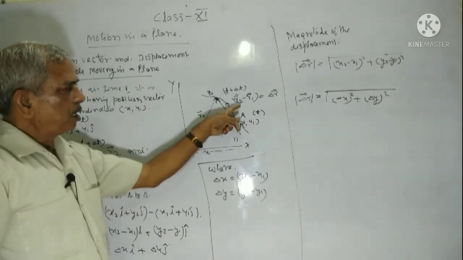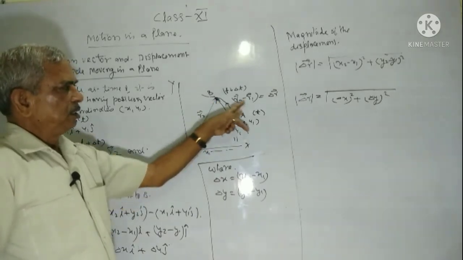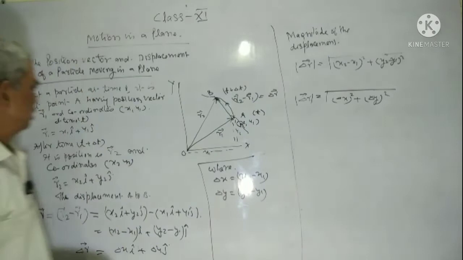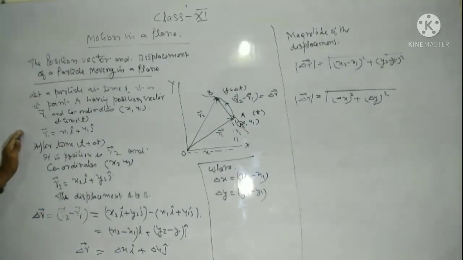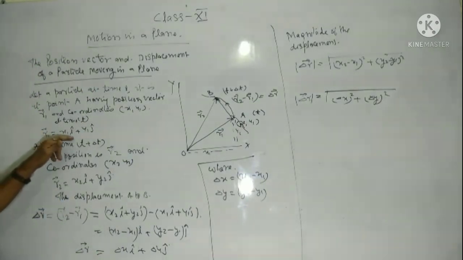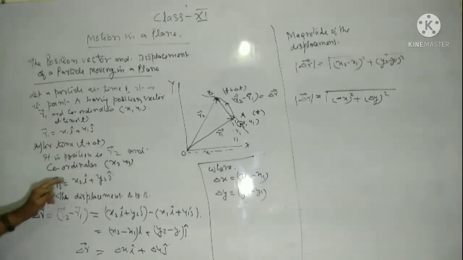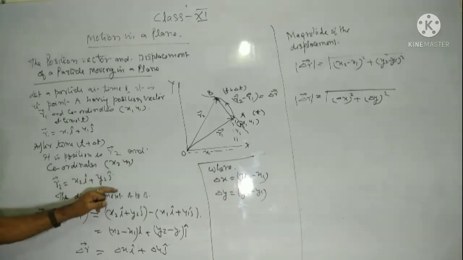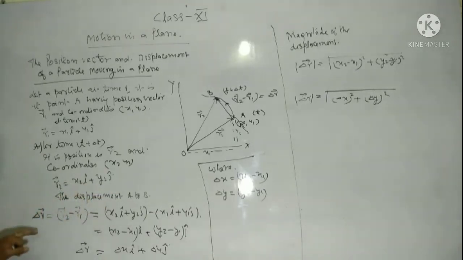The displacement is R2 minus R1. This is delta R. So we can write R1 equal to x1 i cap plus y1 j cap and R2 equal to x2 i cap plus y2 j cap. The displacement is R2 vector minus R1 vector.